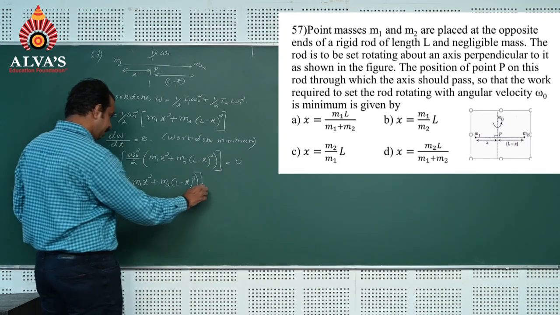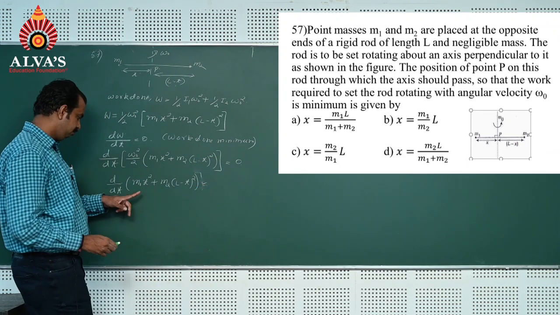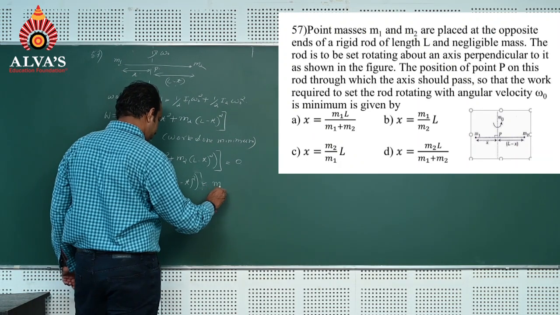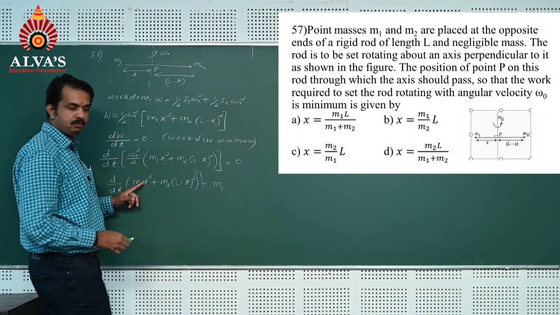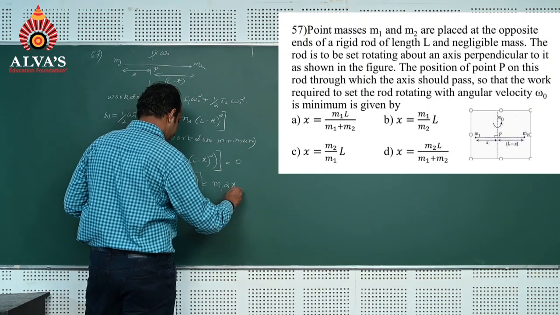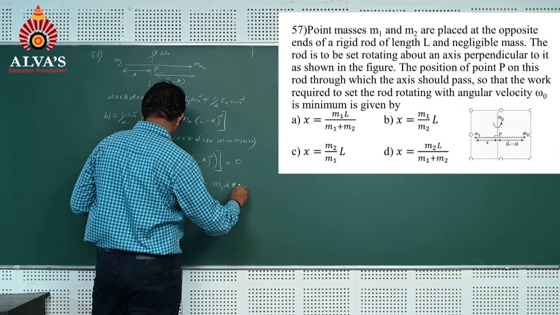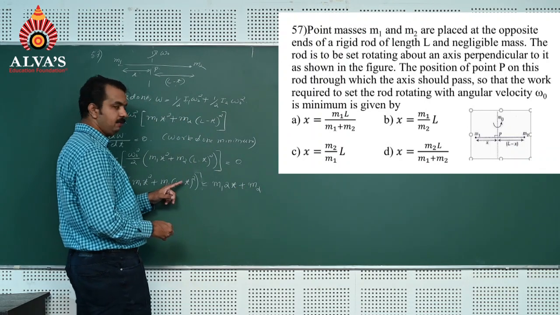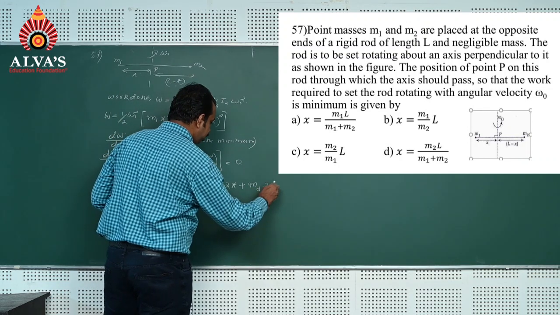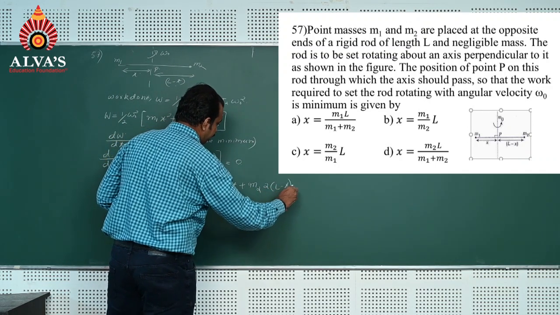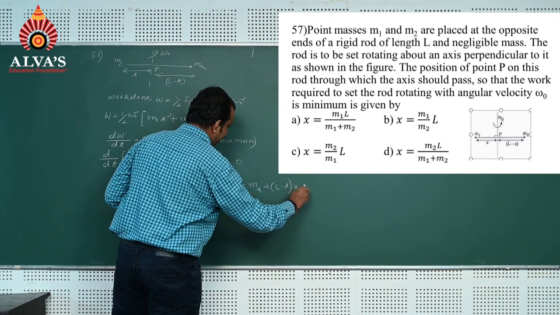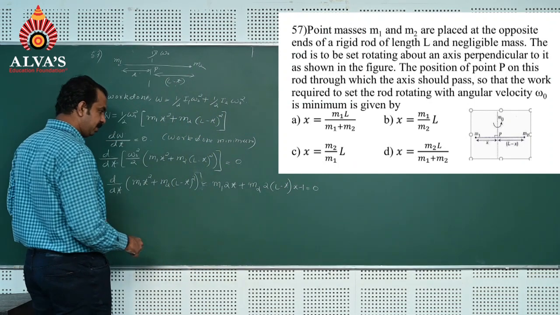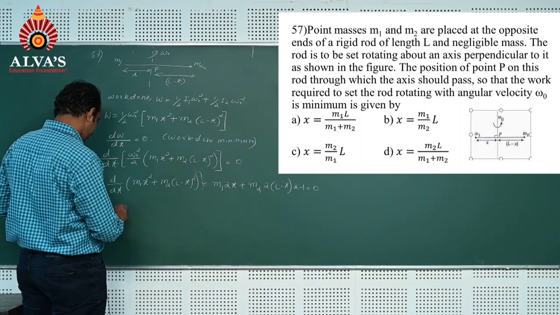Differentiating with respect to x: m1 is constant, the differentiation of x square is 2x, plus m2 into the differentiation of L minus x whole square, which is 2 into L minus x into minus 1, equal to 0. So 2 is common everywhere.